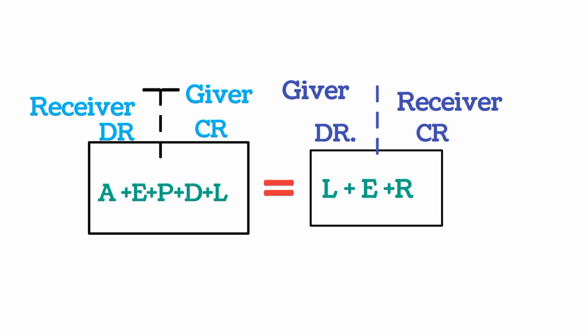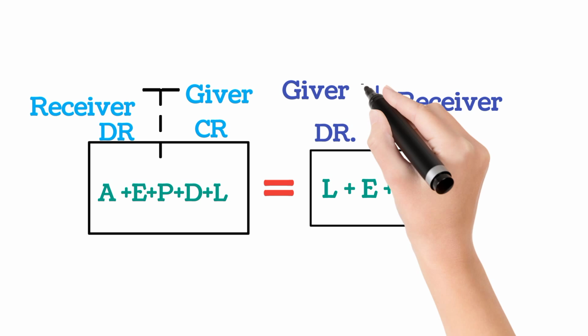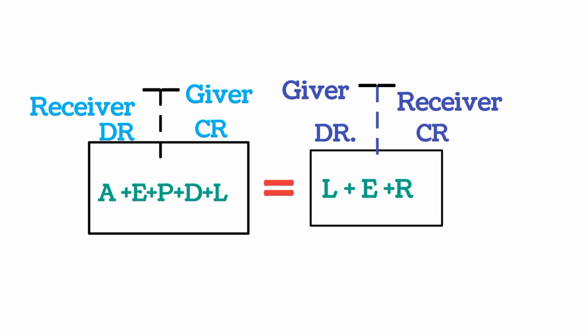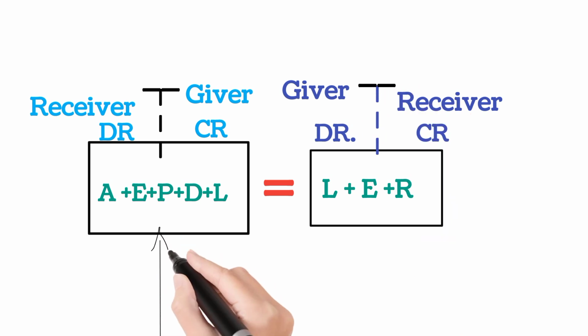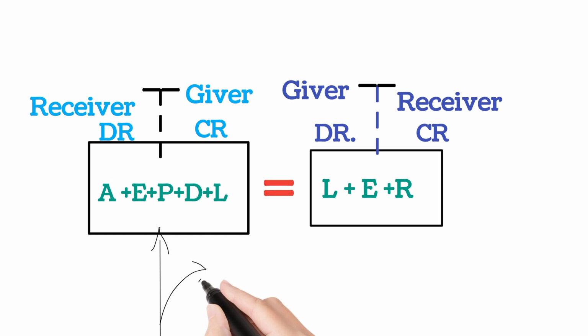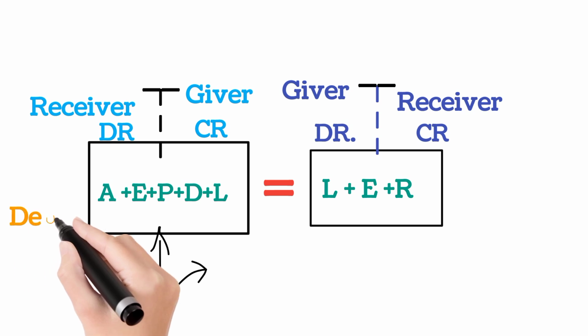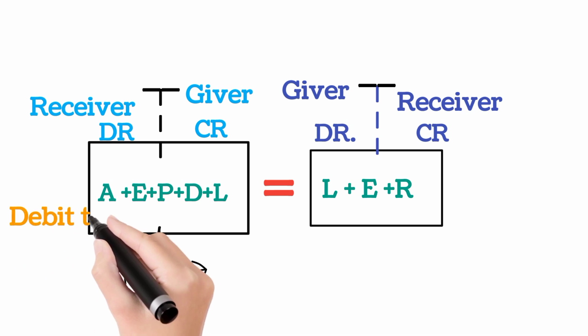That is to say, we will be correct to say, in the second box, that is box B, credit the receiver and debit the giver. Credit the receiver and debit the giver. That is true for all the components in the second box.